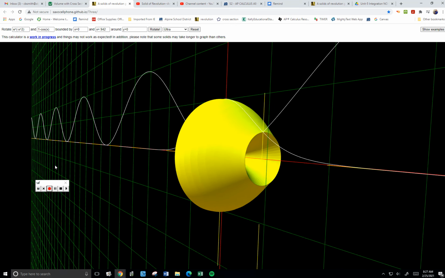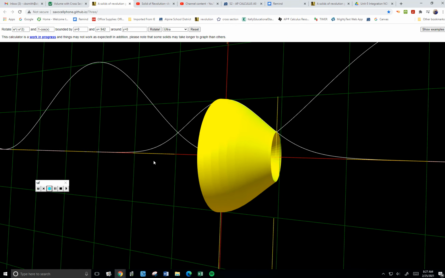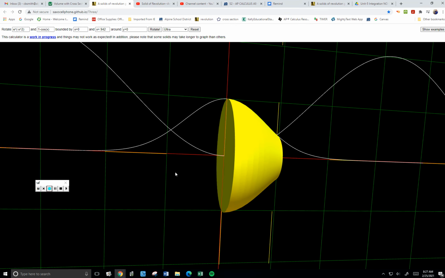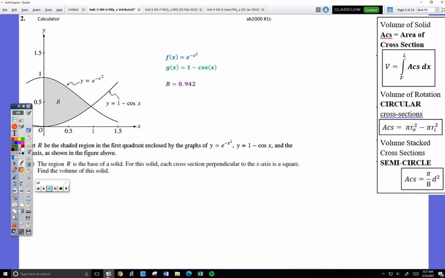The region is the base. So go back to here. What you see here is the flat part of the three-dimensional solid. And then the solid is created by stacking on top of that region slices of a known shape. In this case, they tell you that the slices are squares, like so.